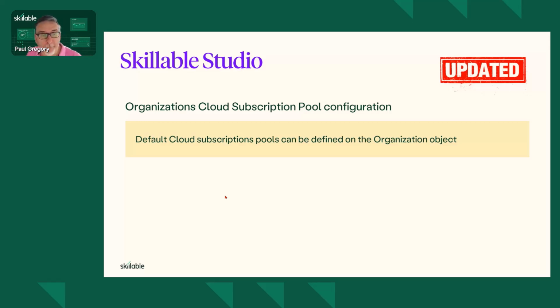Okay. What we've enabled is the ability for you to define the default subscription pool for each of the different cloud types, Azure, AWS, and GCP, for when we release it. So the idea, again, is just about making life a little bit more efficient for lab developers. If you've only got one subscription pool available, when you go into a cloud lab, it will just fill that in automatically.